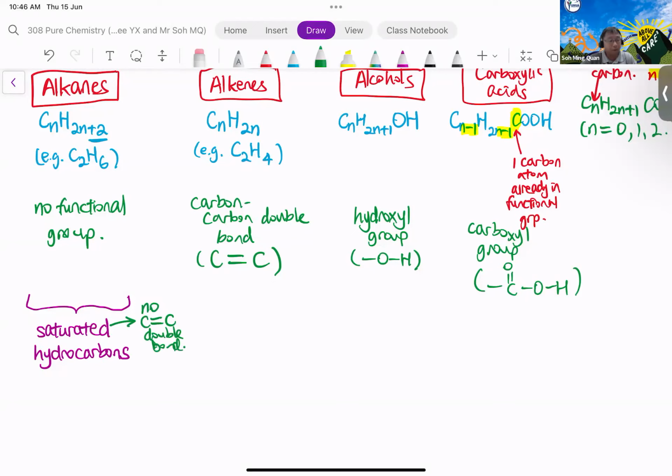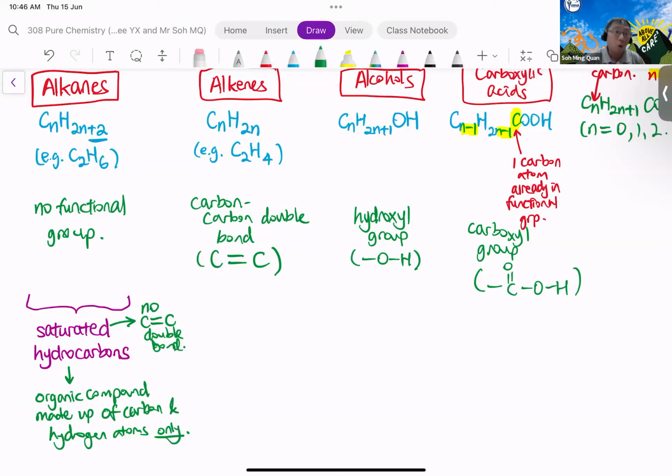All right. Hydrocarbon means it is an organic compound made up of carbon and hydrogen atoms only. The word only is important. Only means it can only have carbon and hydrogen, these two elements.